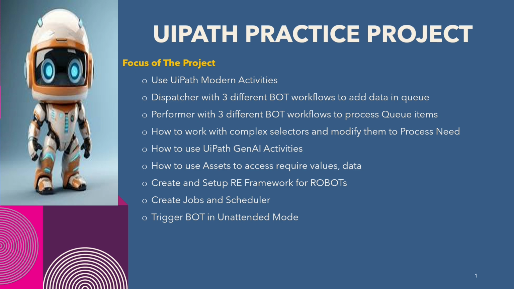We have changed the selector using a variable, identified the selector for the pop-ups, and modified the selector as per our requirement. We have also used UiPath Gen AI activities in this project, and covered how to configure and use those activities.